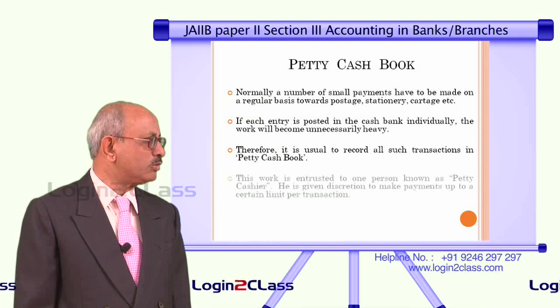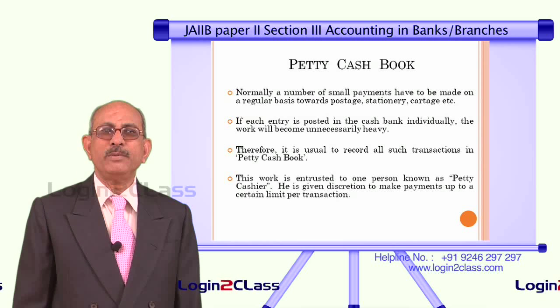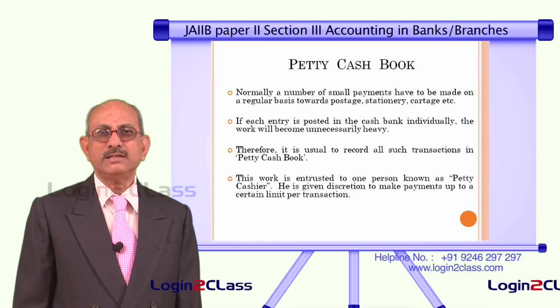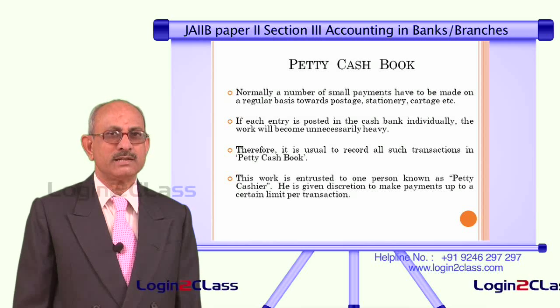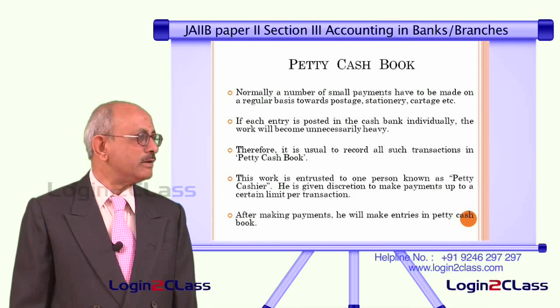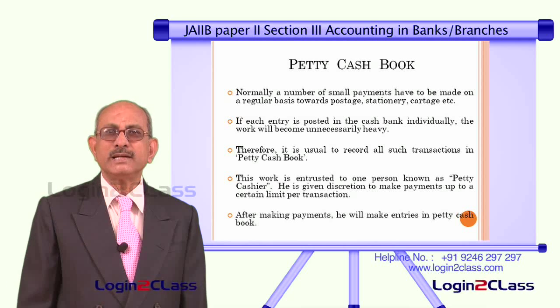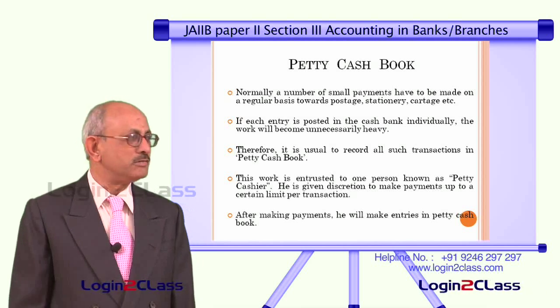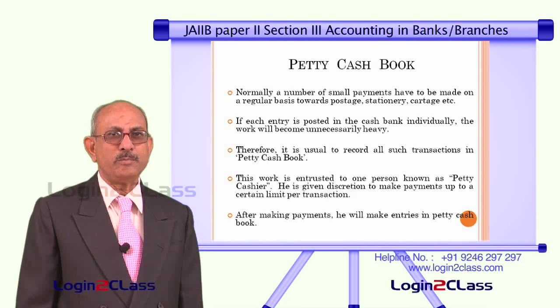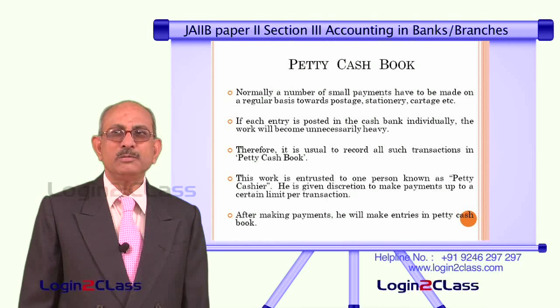At the end of the month, we total up all the payments made in cash, and that entire amount, since it is a payment, has to be credited to the cash account, and the debit will be depending on what payments have been made, and those payments normally are again classified into several heads for the purpose of accounting. For example, if you have paid for traveling, it will be put under traveling.